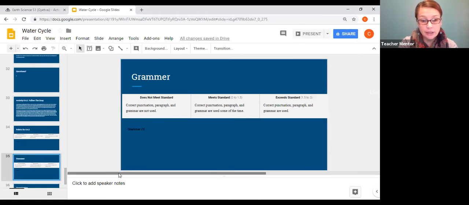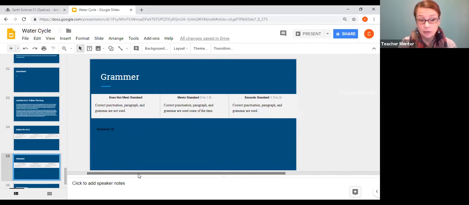The second area of the rubric is grammar. Now, we are still in school, so grammar should be used at all times, whether it's in science class, math class, or obviously English, grammar should be used. So if I am not capitalizing words, not using periods, then I'm probably not going to get a very good score. It's probably going to be does not meet the standard.